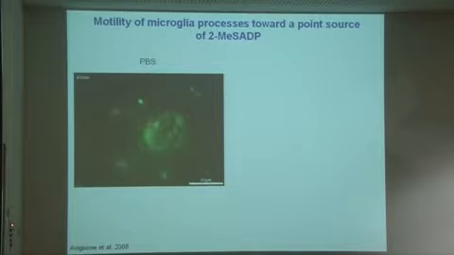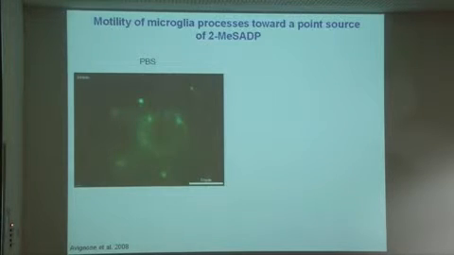So we put a patch pipette containing the agonist for the P2Y12 receptors. And what you see here is that the processes of microglial cells are going toward the tip of the pipette, which is located here under the red dot. And within three quarters of an hour, they really reach the pipette.